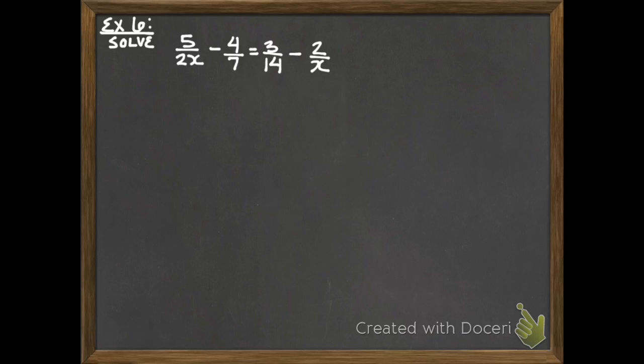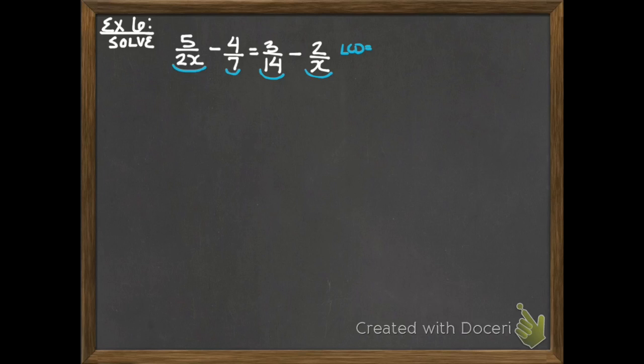Okay, example 6. So again, we've got a lot of fractions, except now we actually have our variables in the denominator, but we're going to do the same thing we did last time. We need to find our least common denominator. We have this 2x, 7, 14, and just x by itself, or 1x. And so in that same process, to find my least common denominator, I look at just the coefficients first.